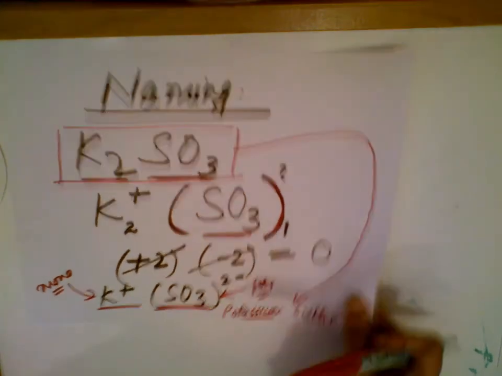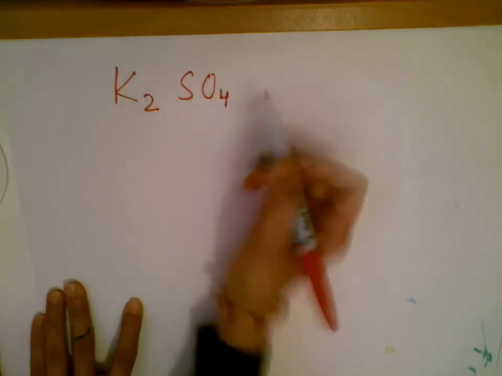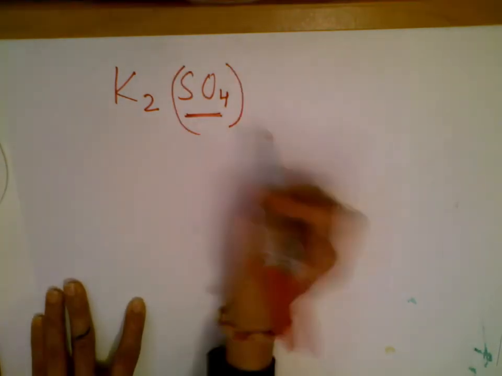Okay. Now, you could have also done this with the backward crisscross, but that backward crisscross doesn't work all the time. So here is the polyatomic ion. You keep this in parentheses.